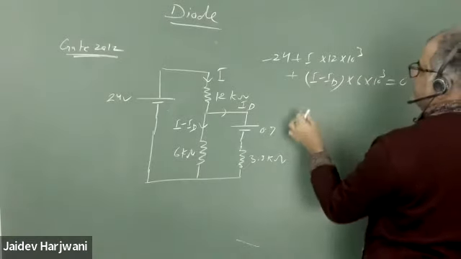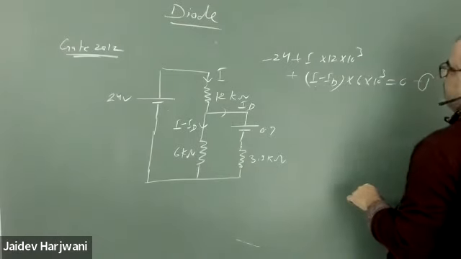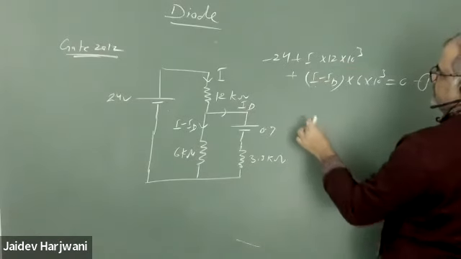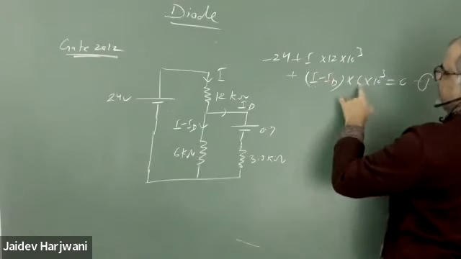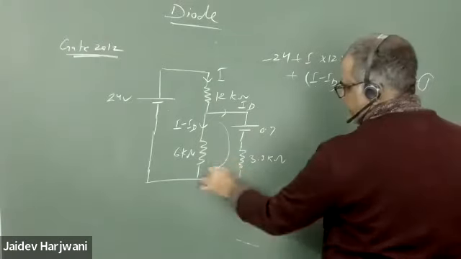If you solve this one, what will you get? You get 24, I into 12,000, and you have this 6 here. This is equation number 1, and the second equation I can write here.